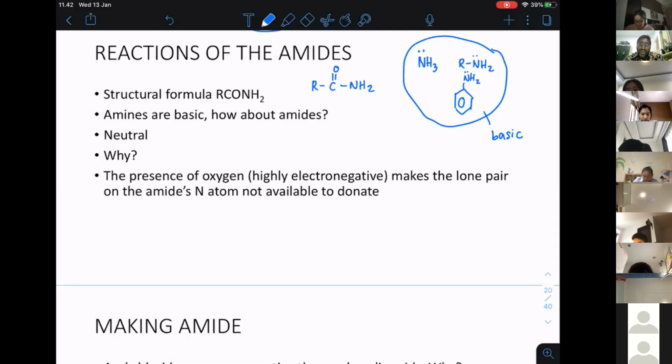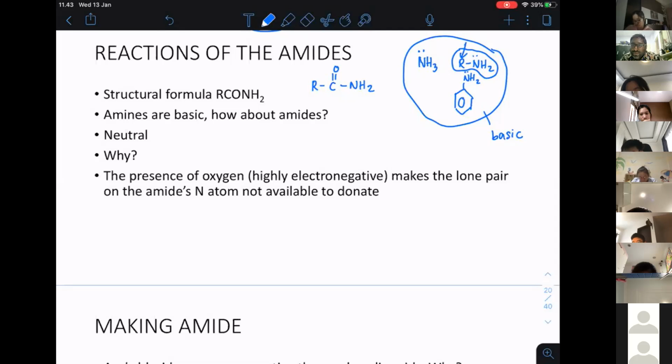But they have different strengths. For example, if I want to compare, let's say methylamine, CH3NH2, this is going to be a much better base. Why? Because R is an electron donating group.